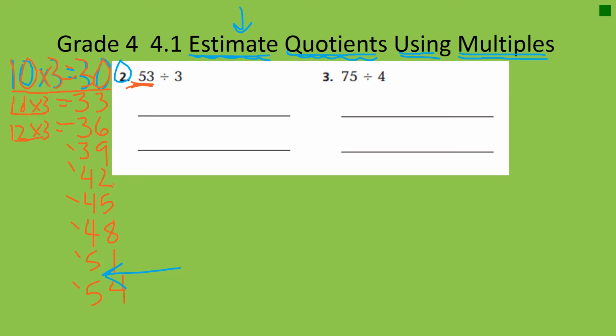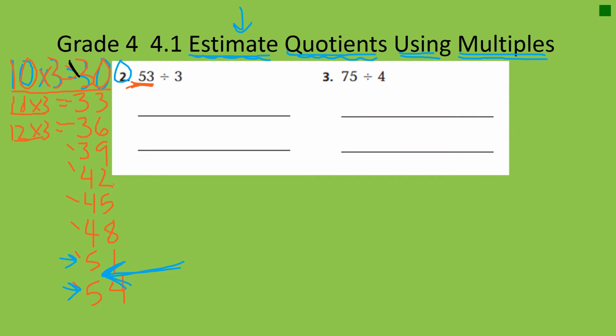Okay, so let's see here. If 53 is right in there, how many sets of 3 was this and this again? Because those are going to be what we use for our estimate. Okay, I'm going back up here to this one, 30.